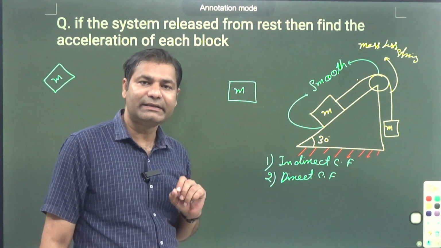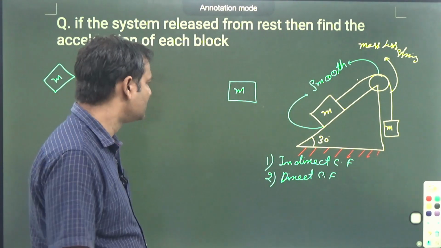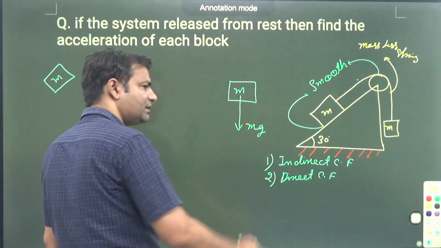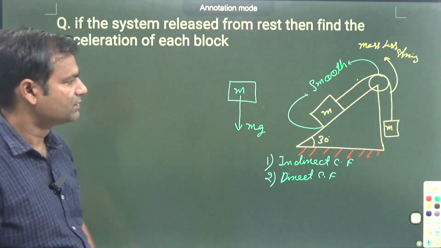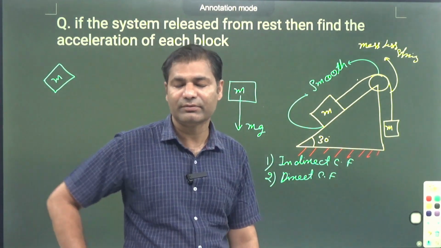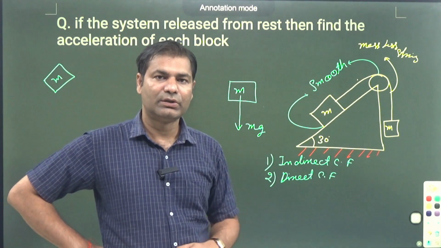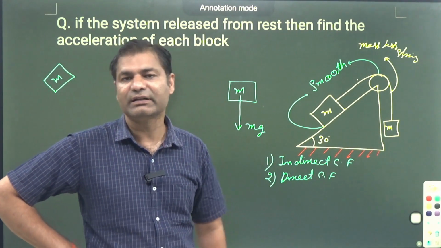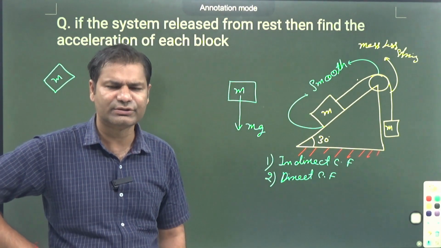I know that indirect contact force is due to the earth. Apply the earth's force. In which direction? Downward. The earth is not directly connected to mass m, so it is an indirect contact force, or you can say field force or gravitational force.